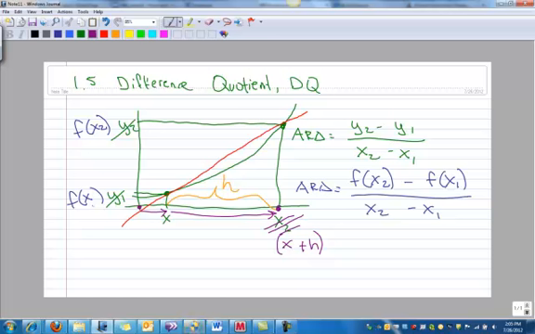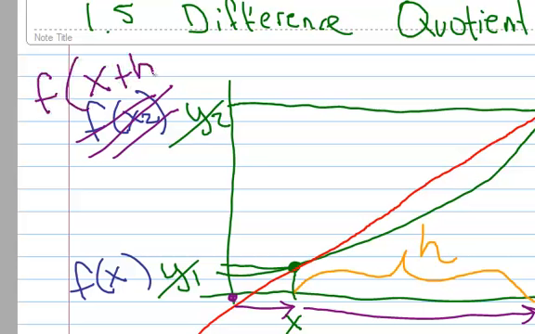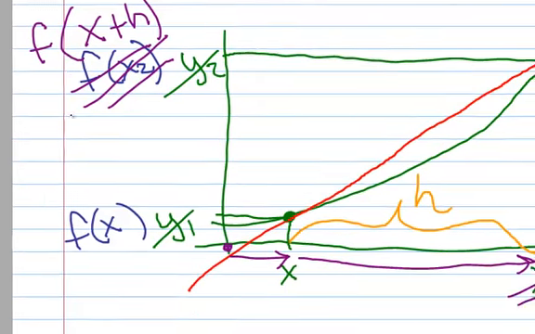So nothing changed there, that's still the same. But now look what happens with the second point. x plus h is my input. So instead of f of x sub 2, this is now f of x plus h. This means x plus h went into the function.